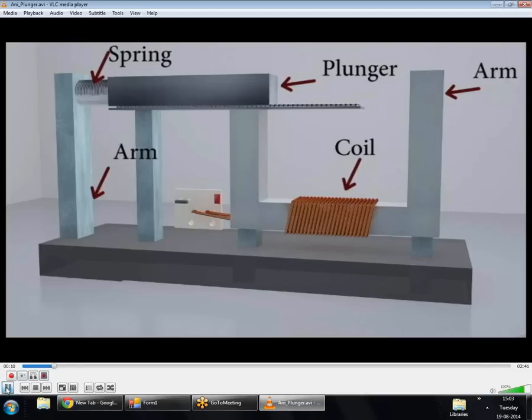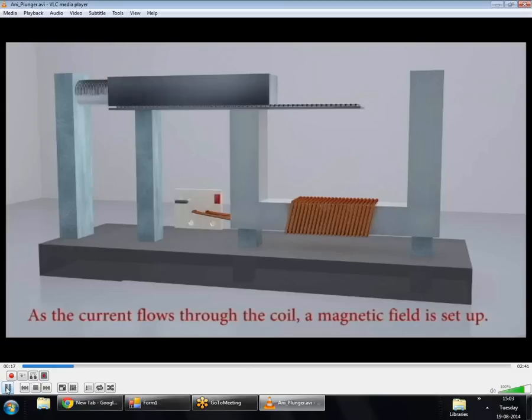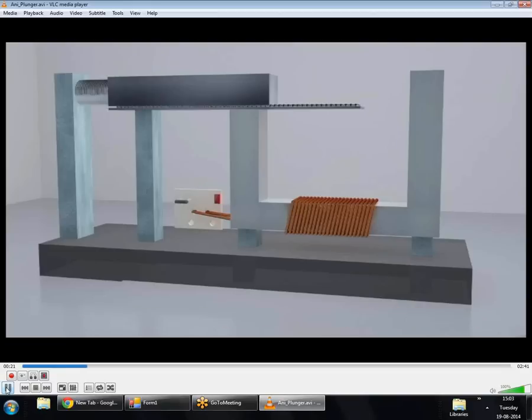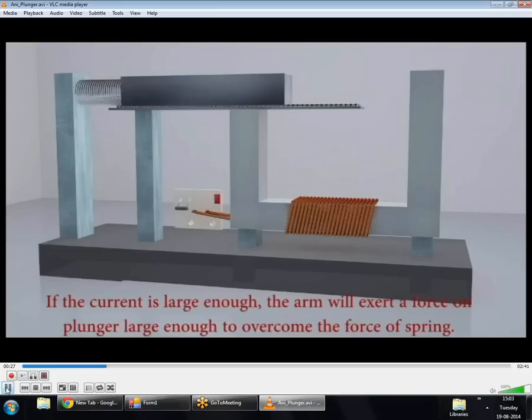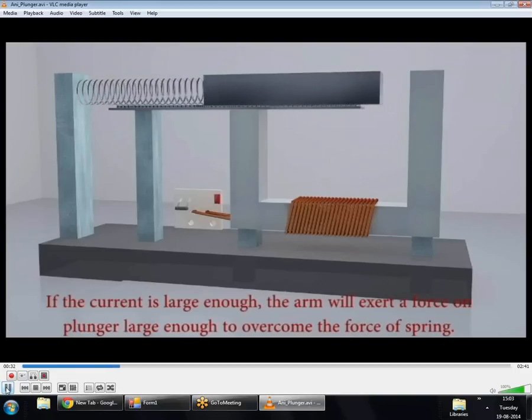I'll just play the animation further for you to have an idea of how this entire system works. When we start the current, and the current flows through the coil, a magnetic field is created, and then this magnetic field would pull the plunger towards the static arm, and the spring gets extended.